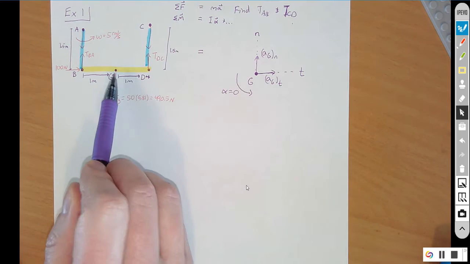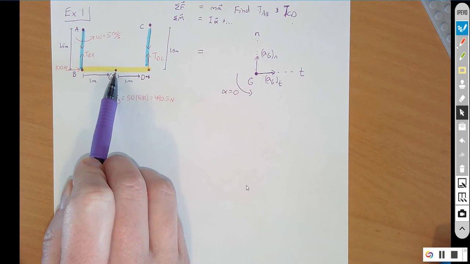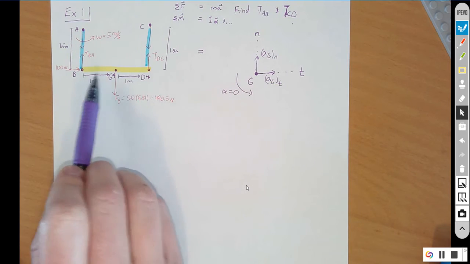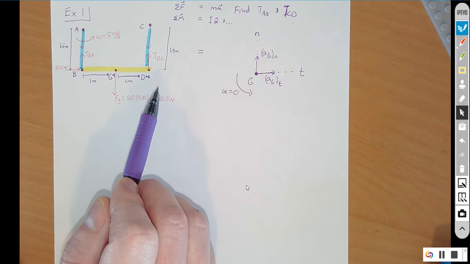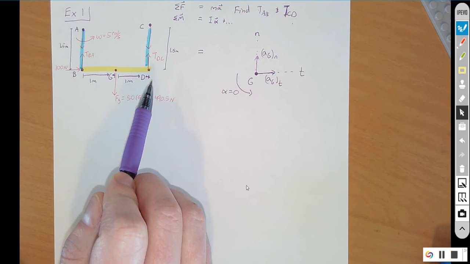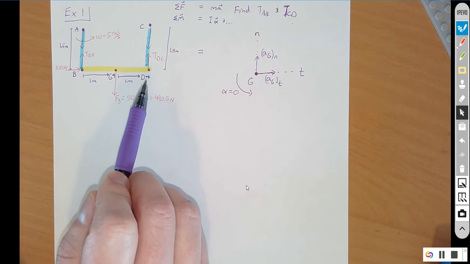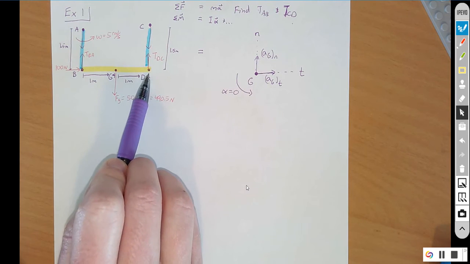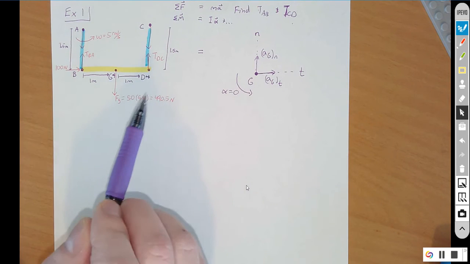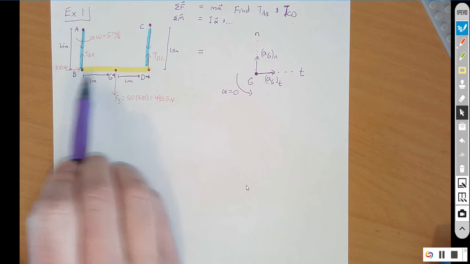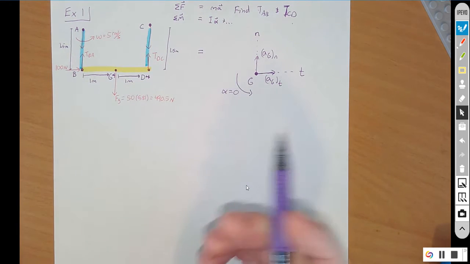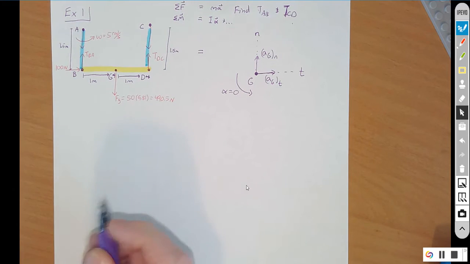I could do moments about G. If I do that, I'm going to have 2 unknowns, because these are both going to produce a moment about G. So instead, we're going to choose an arbitrary point P. I can do this about B or about point D over here. What will happen by choosing one of those points is I will eliminate one of my unknowns from the equation.